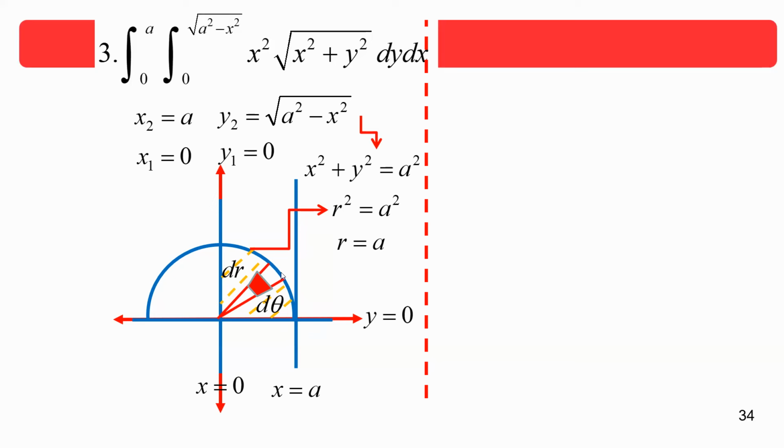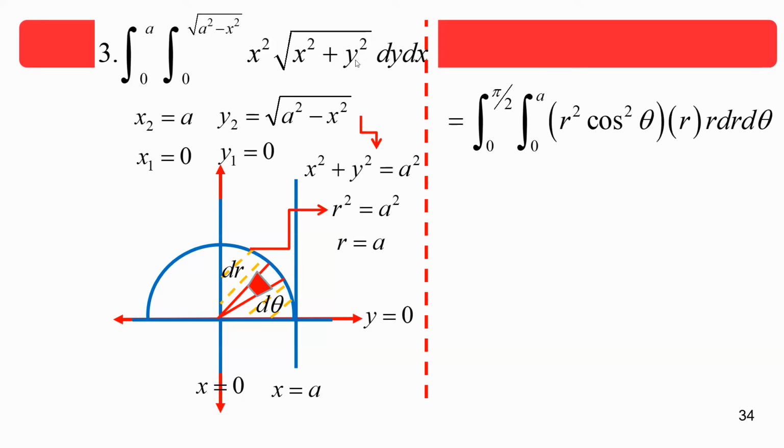So let's draw the slice, the pizza slice in here. The slice would have dr thickness for the radius, and then d theta thickness for the angle. So what would be the new limits and what would be the new equation? Since that's x squared and x is equal to r cosine theta, that's going to be r squared cosine squared theta.